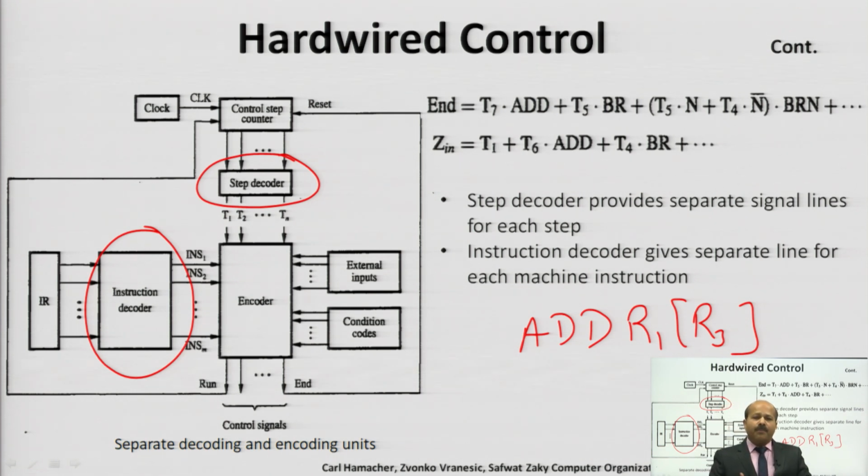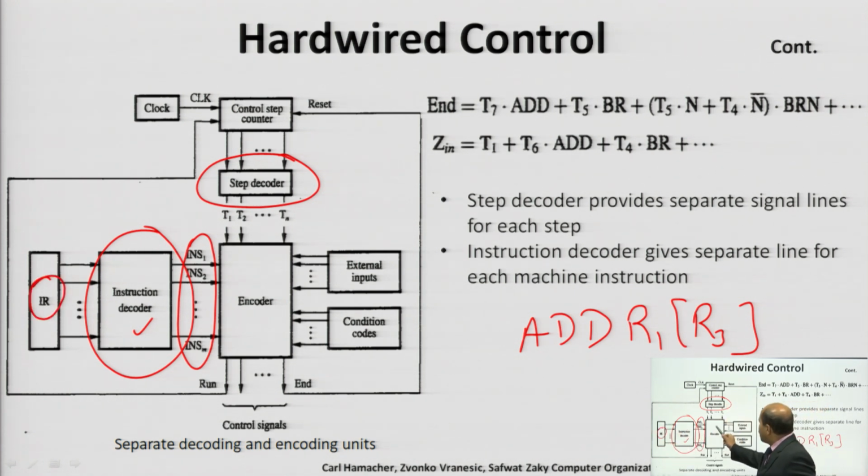So, when a particular machine instruction or control is issued, that will depend upon the instruction decoder, which takes the input from the instruction register. Separate lines are produced by this instruction decoder based on the given instruction.